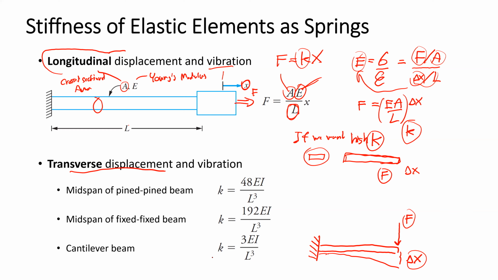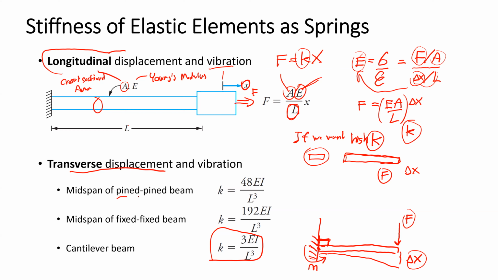The stiffness for the transverse displacement with the cantilever beam. Cantilever beam means the support not only fixes the translation here, but it also generates the moment to make this slope to be 90 degrees. Here is the cantilever beam.